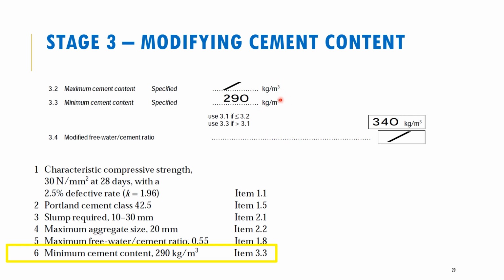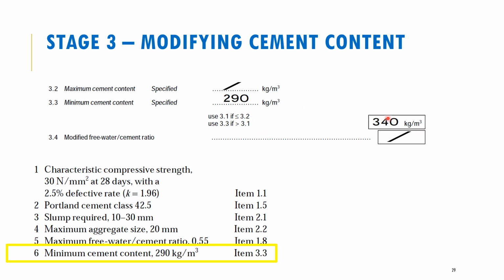Now, if my previous cement content, so whatever I obtained from the previous step, was more than the maximum, then I would just stick with the maximum. But I don't have a maximum over here, so I'm only concerned with the minimum cement content. So if the minimum cement content is satisfied, and in our case it is satisfied because 340 is larger than 290, it's larger than the minimum, then we just stick with our actual cement content.